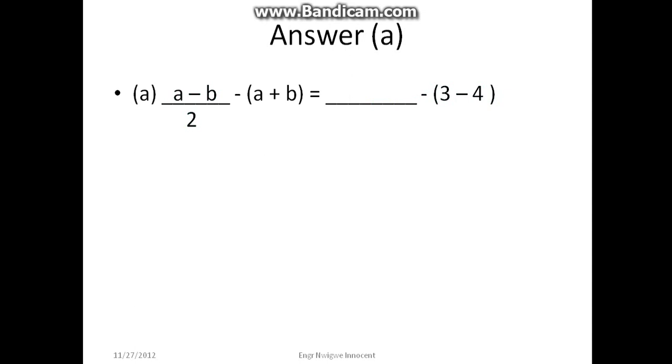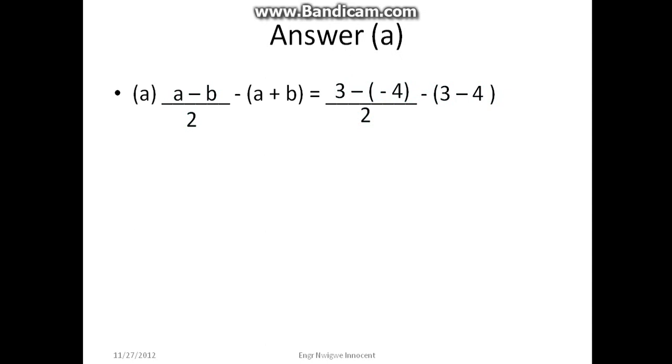We have 3 minus (minus 4) all over 2, minus (3 plus minus 4). Since plus minus is minus, we now have minus 4.